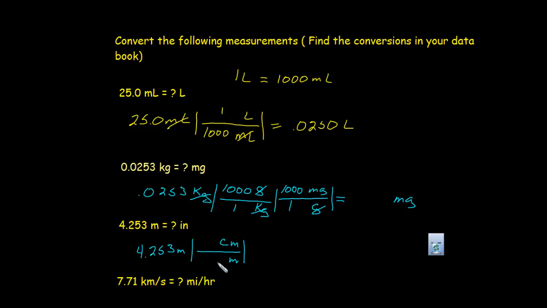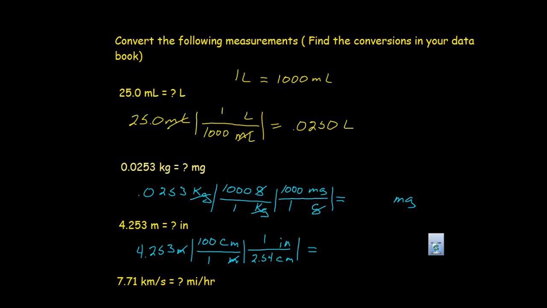Now the equivalence in this case is for every 1 meter there are 100 centimeters. Meters divide out, leave us with centimeters, and then we can convert centimeters into inches. And in this particular case, 1 inch is 2.54 centimeters.